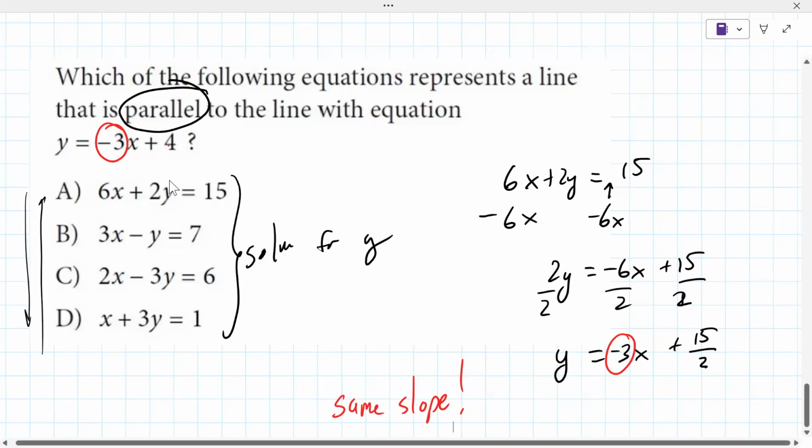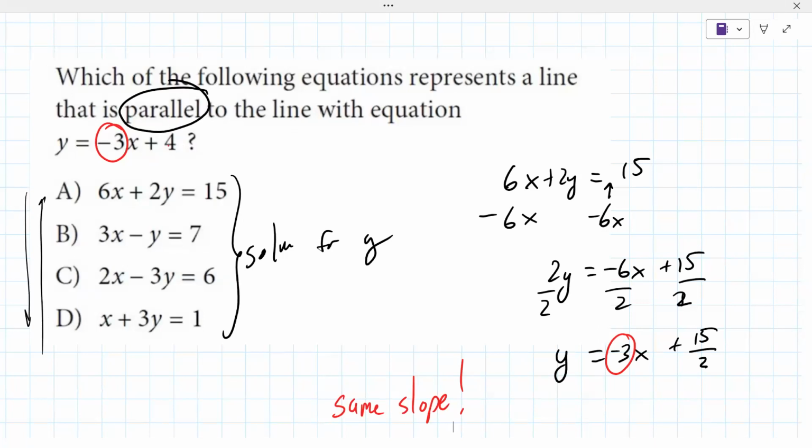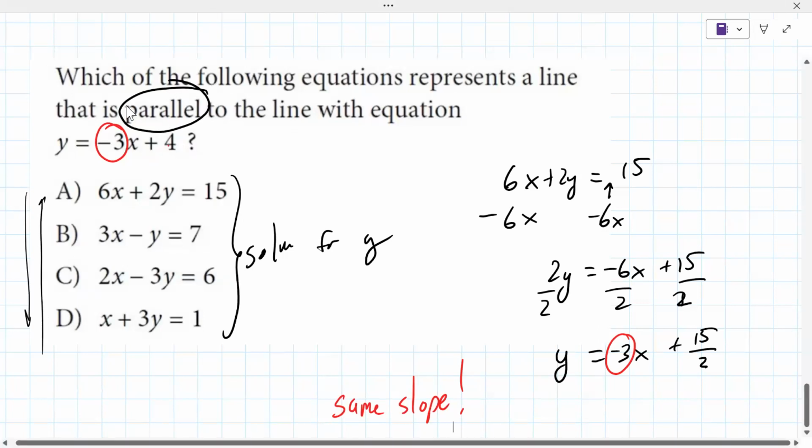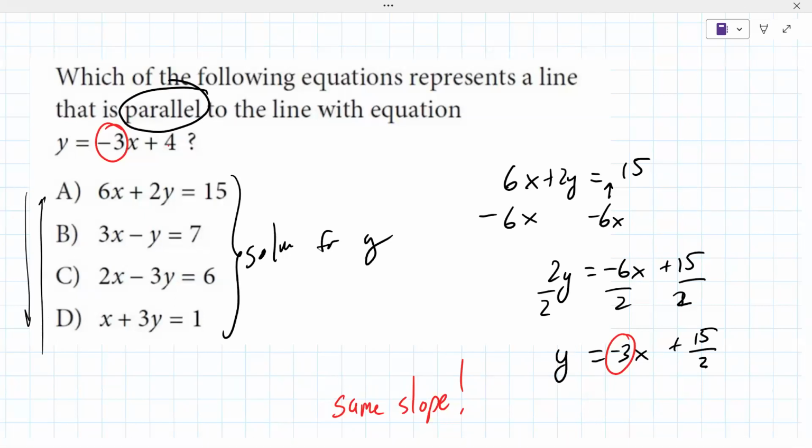Right. I was looking for which one makes the same b value. So it's not really covered on the SAT, but it's covered in a really good algebra class, is whether they are parallel, perpendicular, intersecting, or coinciding. Right. But you don't have to worry about that here. Okay. One more of these.